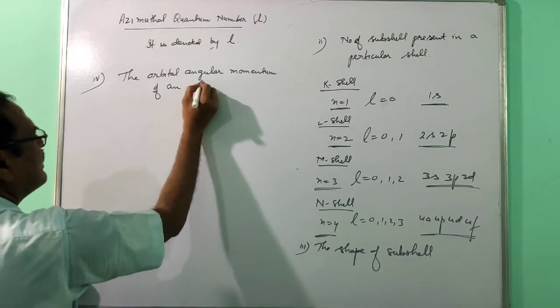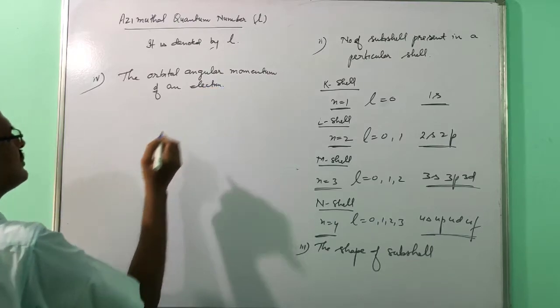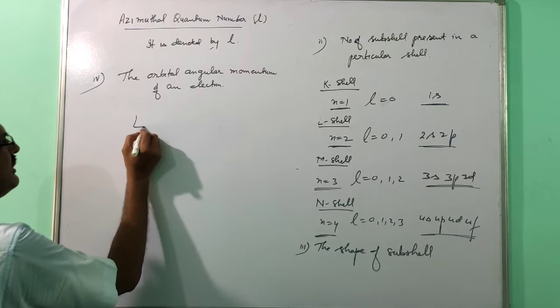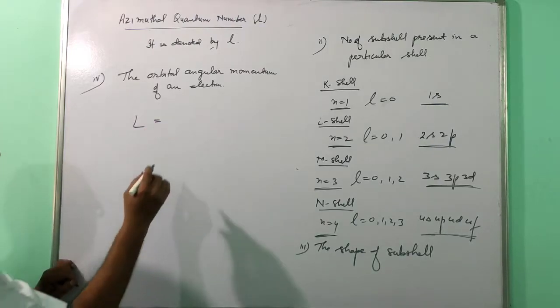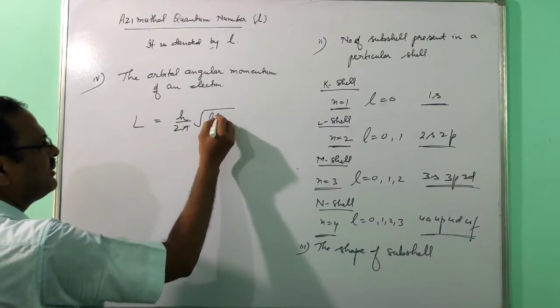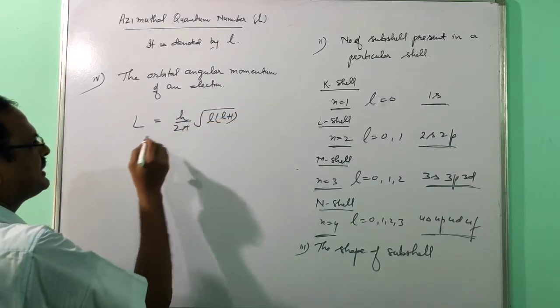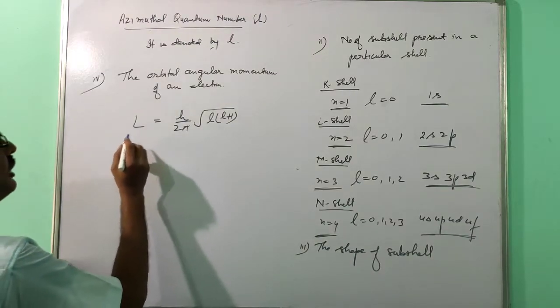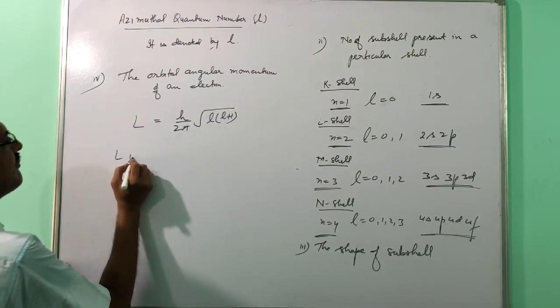This orbital angular momentum is denoted by L, and it is given by h upon 2 pi under root l(l plus 1). This is the formula.